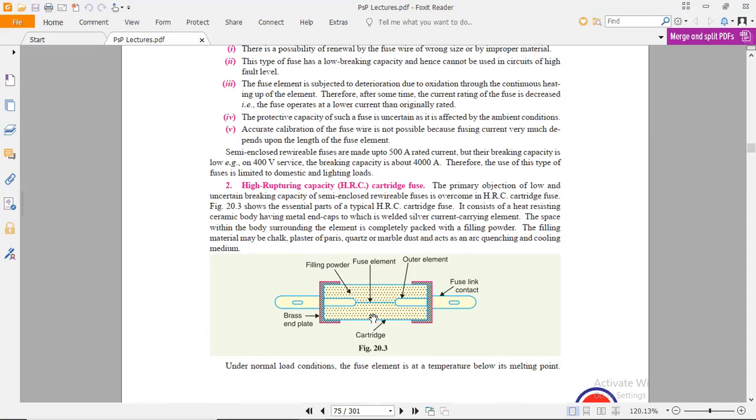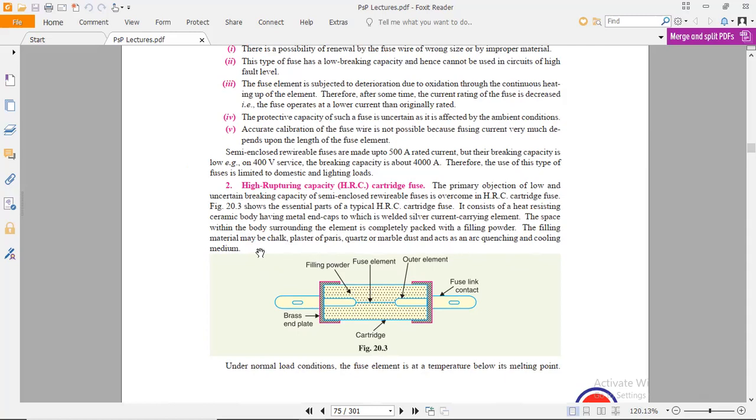The space within the body surrounding the element is completely packed with the filling powder, which I call sand, and it opposes the effect of fire. When a fire hazard is created in the contact between the terminals, it vanishes in this powder, or sand. So it is immersed in that particular powder or sand.